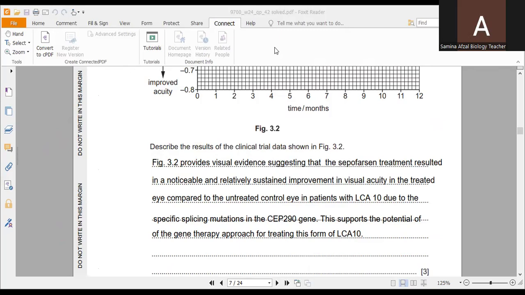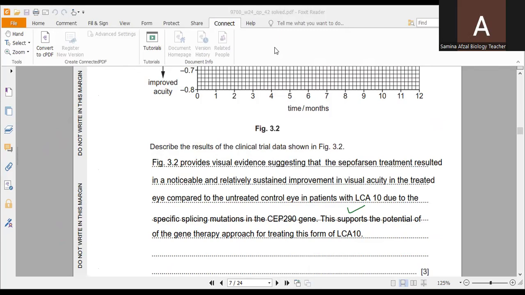This supports the potential of the gene therapy approach for treating this form of LCA10. So in this way, due to these changes, we can say that there is support for the potential of the gene therapy approach.